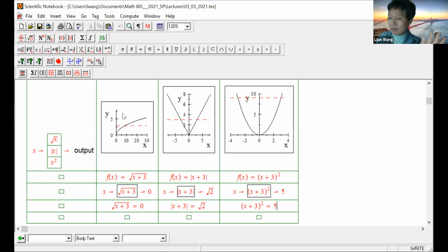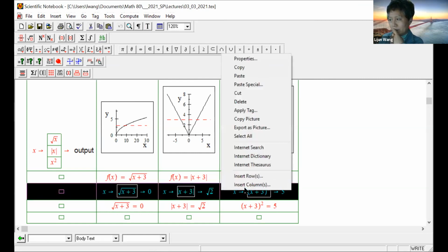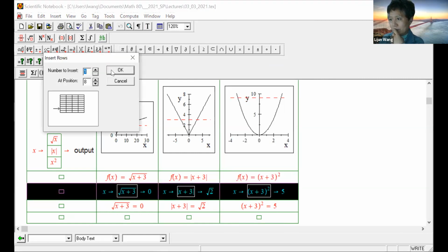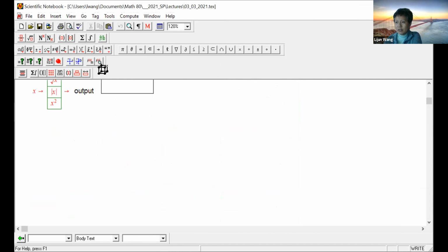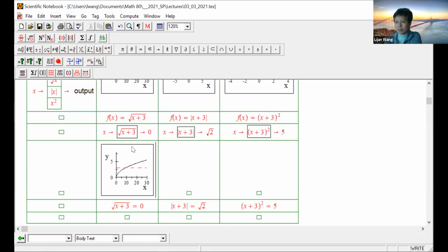Let's look at the graph. This is x squared, right? This was x squared. And after we do this x plus 3, it's a new graph.